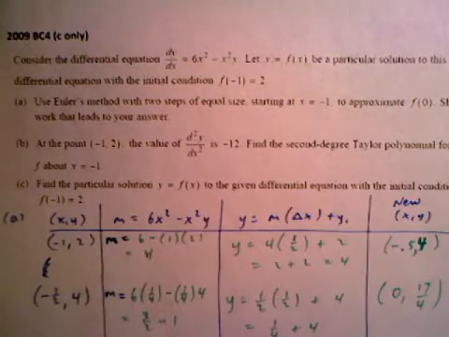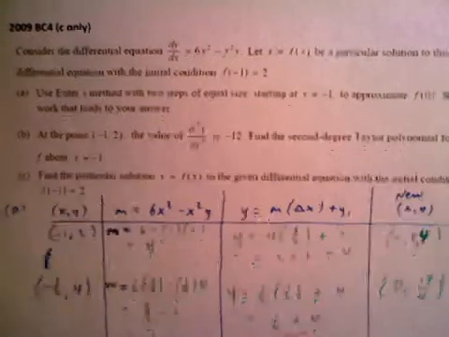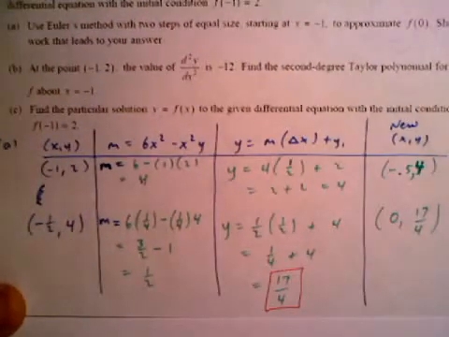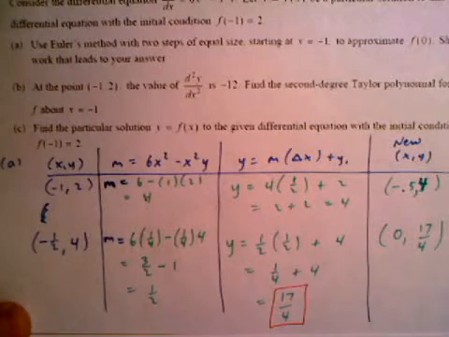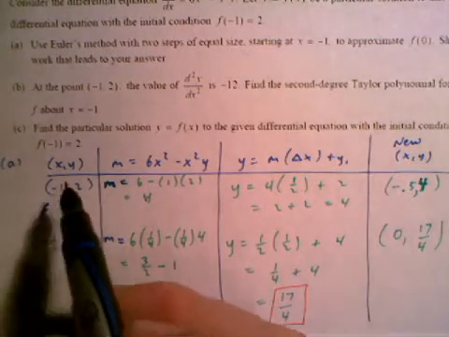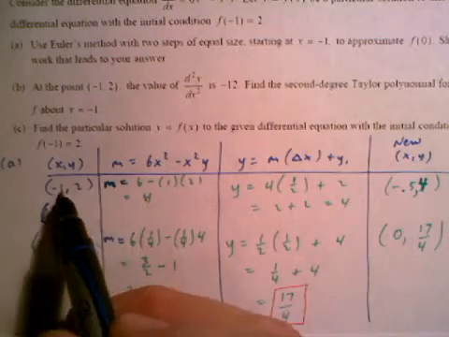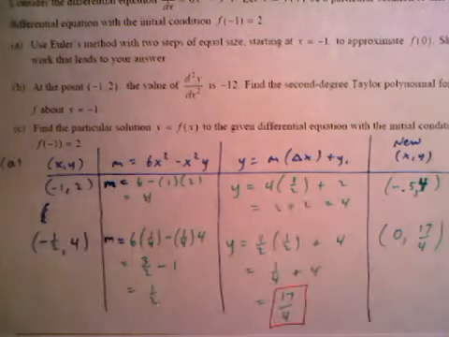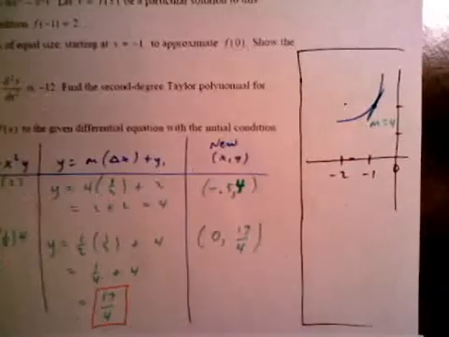You should have gotten 17/4 as your answer. It says 2 steps of equal size starting at -1. So when x is -1, we have our current y of 2. I've got a little diagram over here.